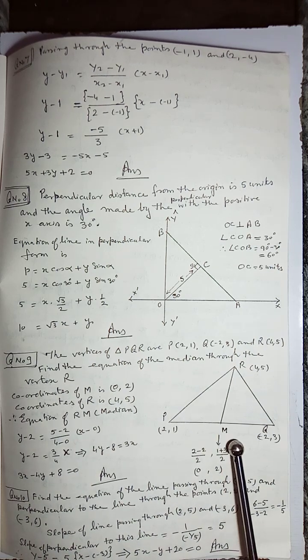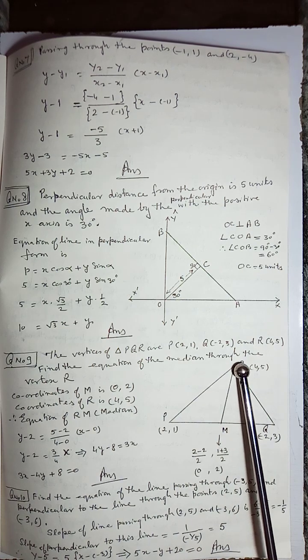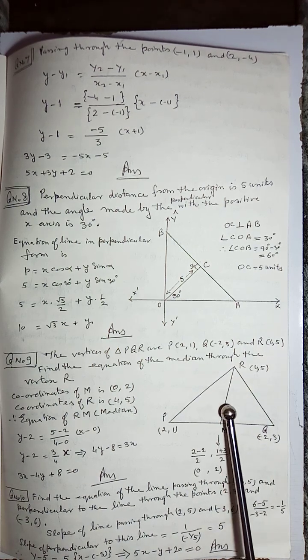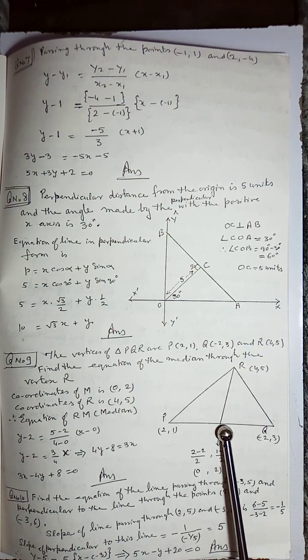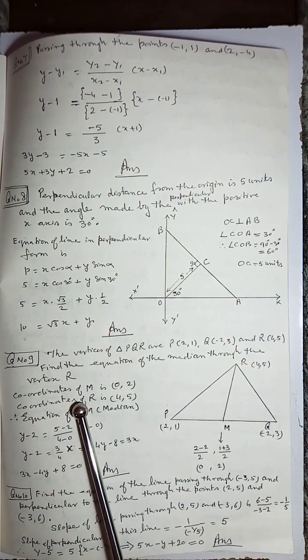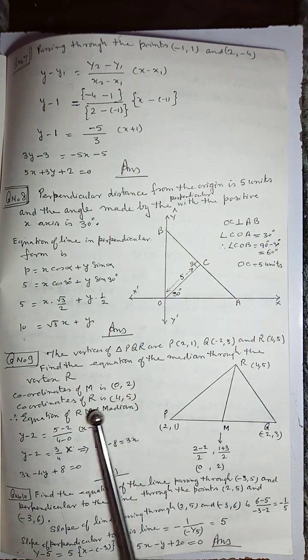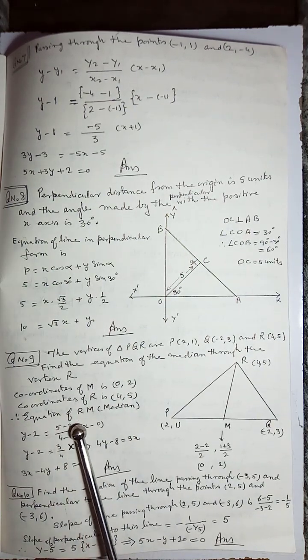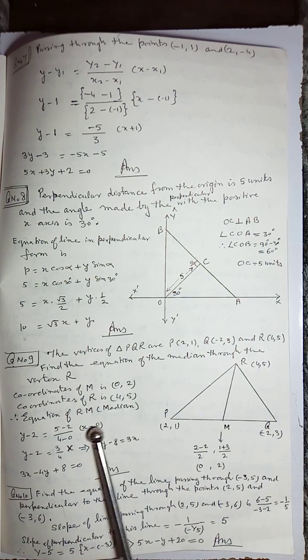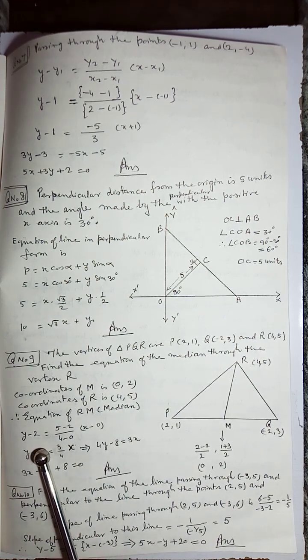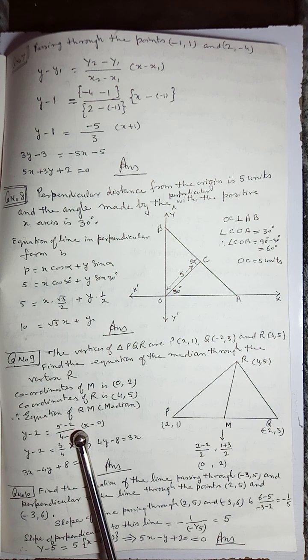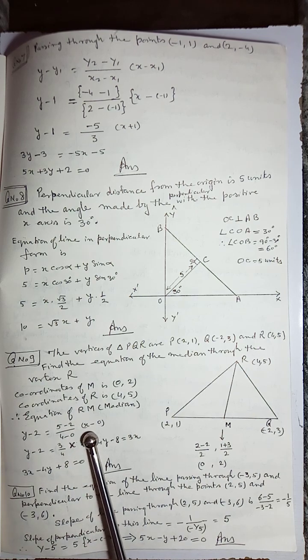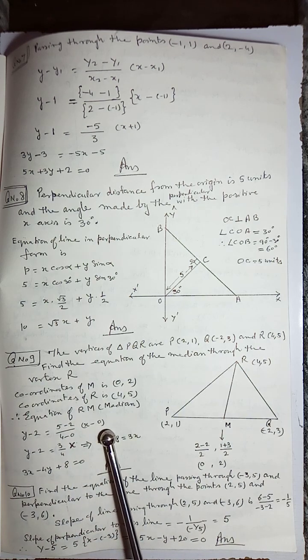So we have got the coordinate of the point M. Now we have to find the equation of the line passing through RM. The coordinate of M is (0, 2) and the coordinate of R is (4, 5). So the equation of RM, the median, will be y minus 2 equals (5 minus 2) upon (4 minus 0) in bracket (x minus 0).